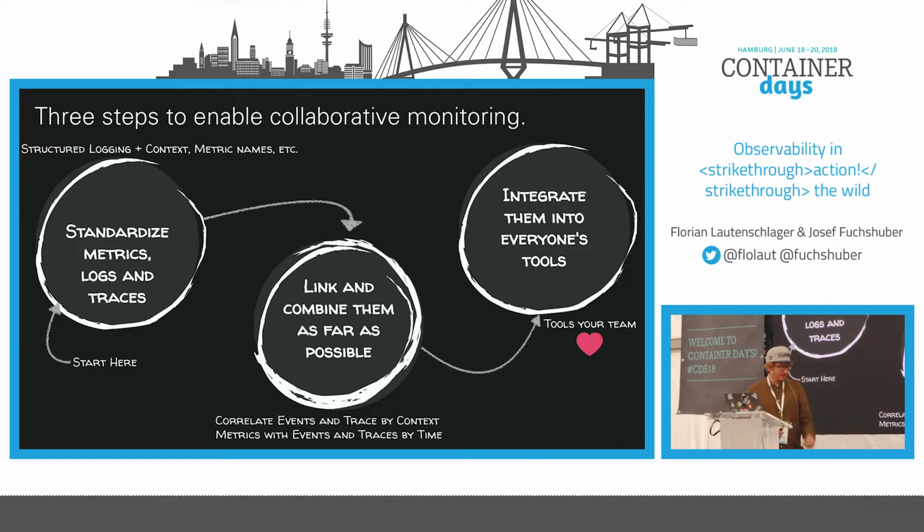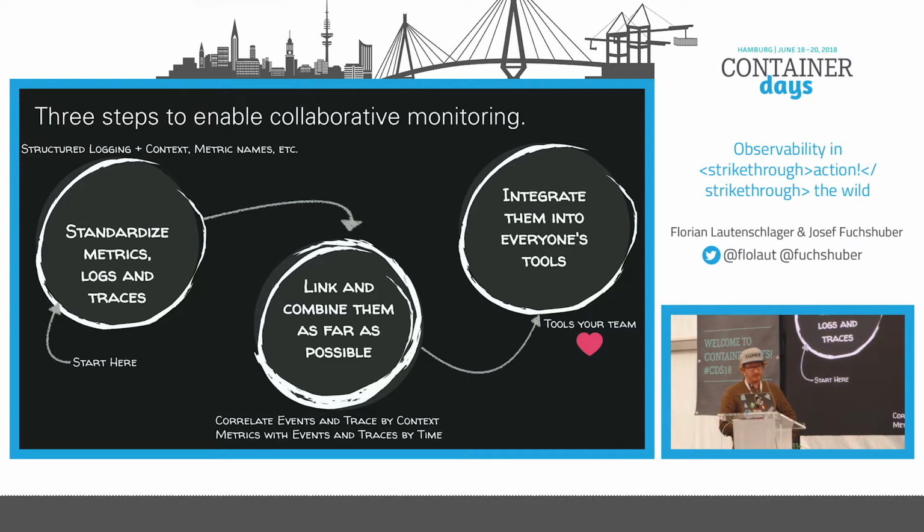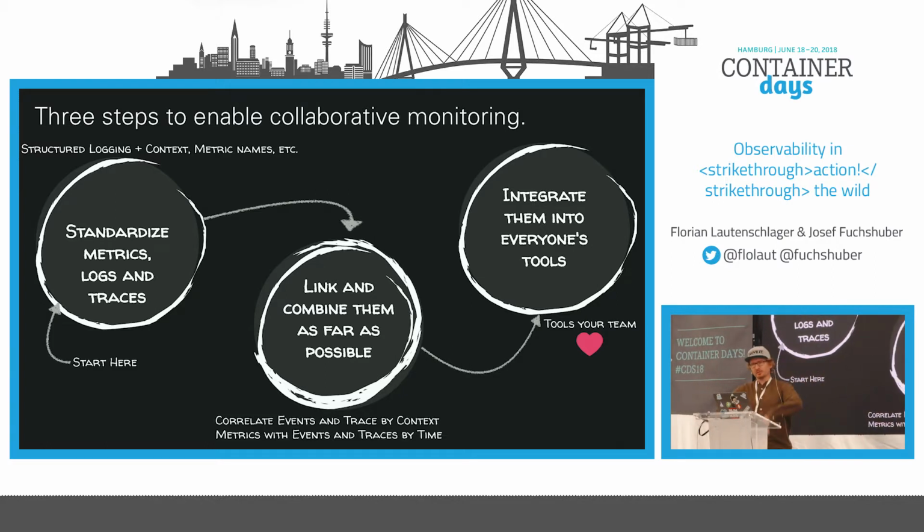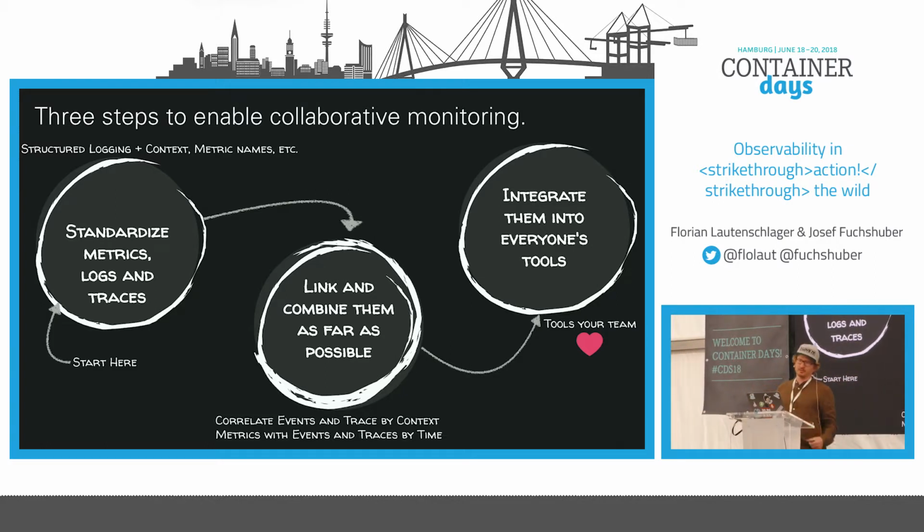To make this happen, we have done 3 steps. We have defined conventions for our metrics, for our logs, for our traces: naming conventions, layouting, JSON style, and so on. Then we have a big data lake. All data come together, all environments.